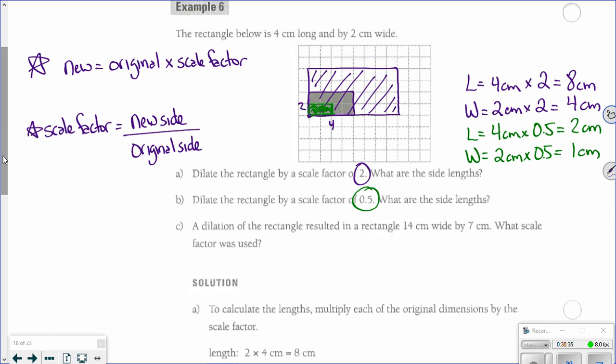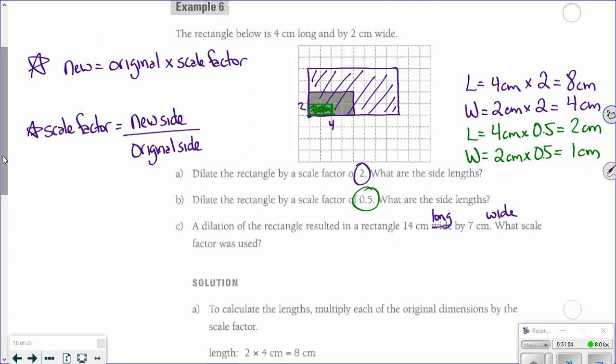So if you use the length, you have to use the length. If you use the new width, you have to use the old width. They have to match up. So this actually should say 14 centimeters long by 7 centimeters wide. Otherwise, this doesn't actually work.